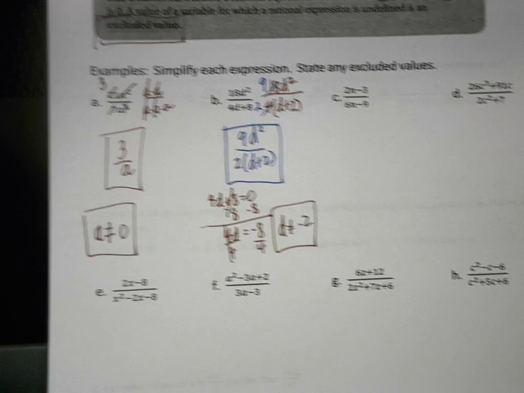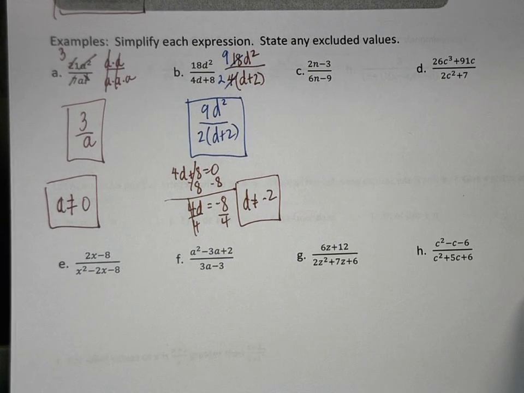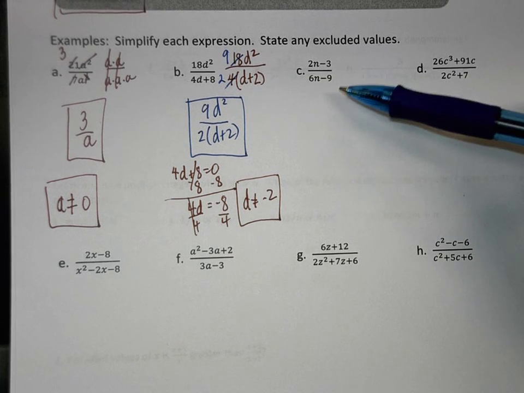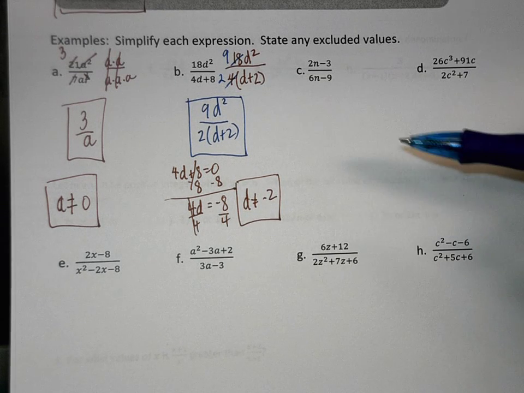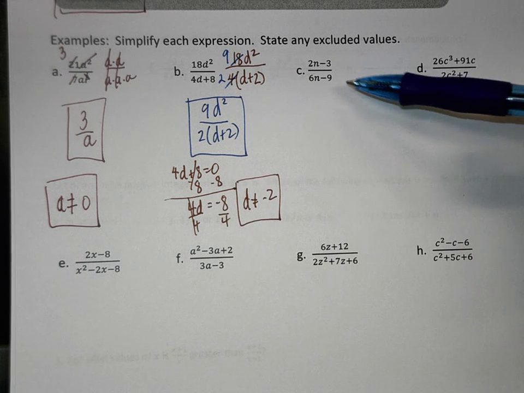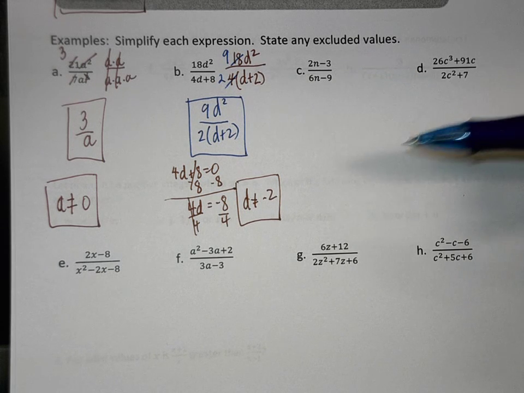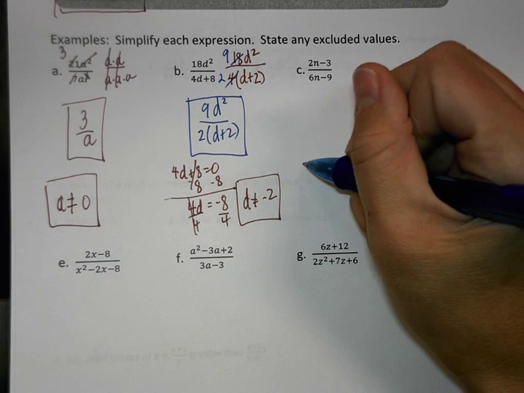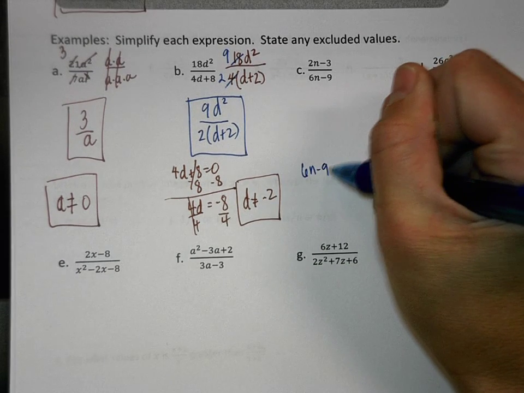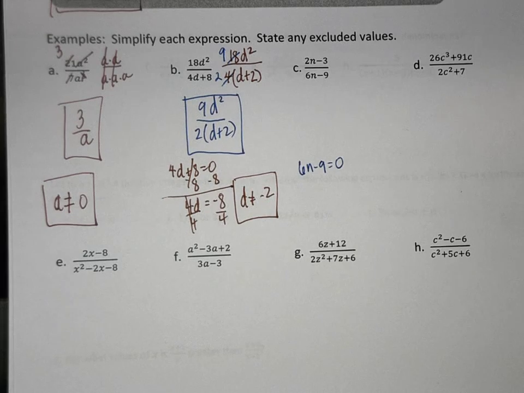All right, so on C, the first thing again we want to look at is our denominator and what could end up making that equal to 0, because that cannot be an answer. And if we're ever not sure, like in this case, what do we do? Good, just set it equal to 0. So I'm going to write 6n minus 9 equals 0, and then we're going to solve.